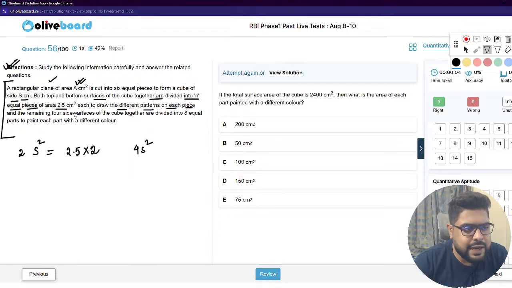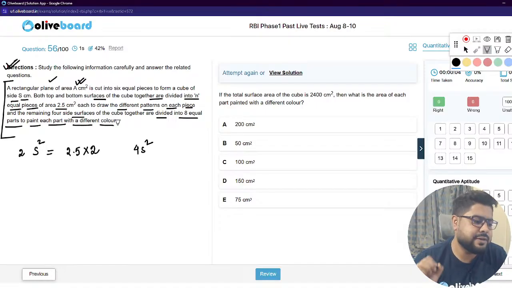The remaining 4 side surfaces of the cube together are divided into 8 equal parts to paint each part with a different color. This is the situation.